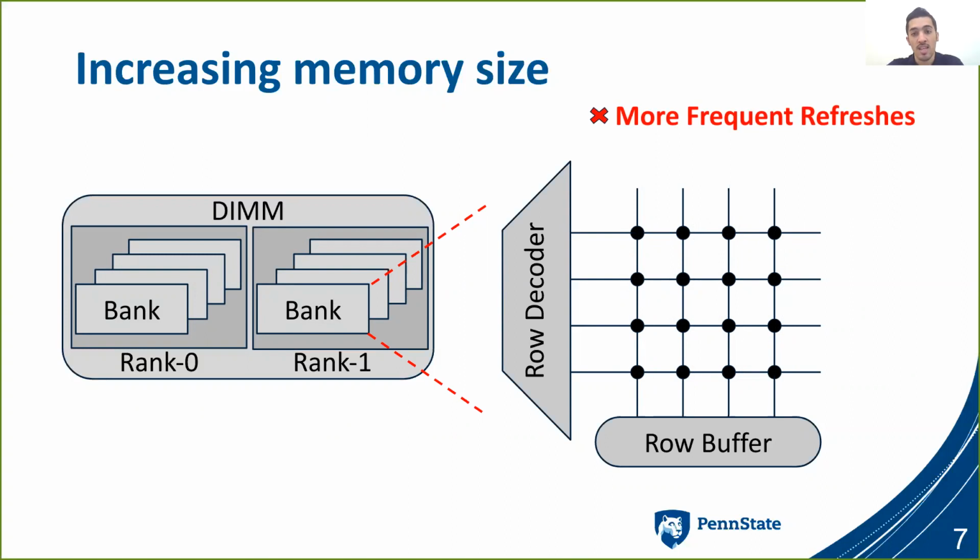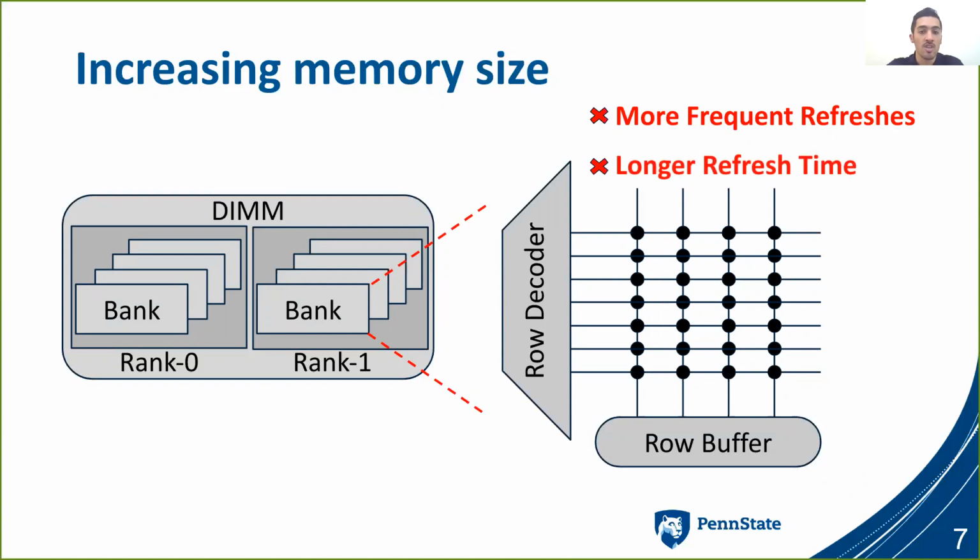Second, for increasing the size of memory, DRAM vendors increase the number of rows in each bank. That means during refreshing a bank, a higher number of rows should be refreshed. That again results in longer refresh time and unavailability. Both of these have adverse effects on energy consumption and performance of the system.